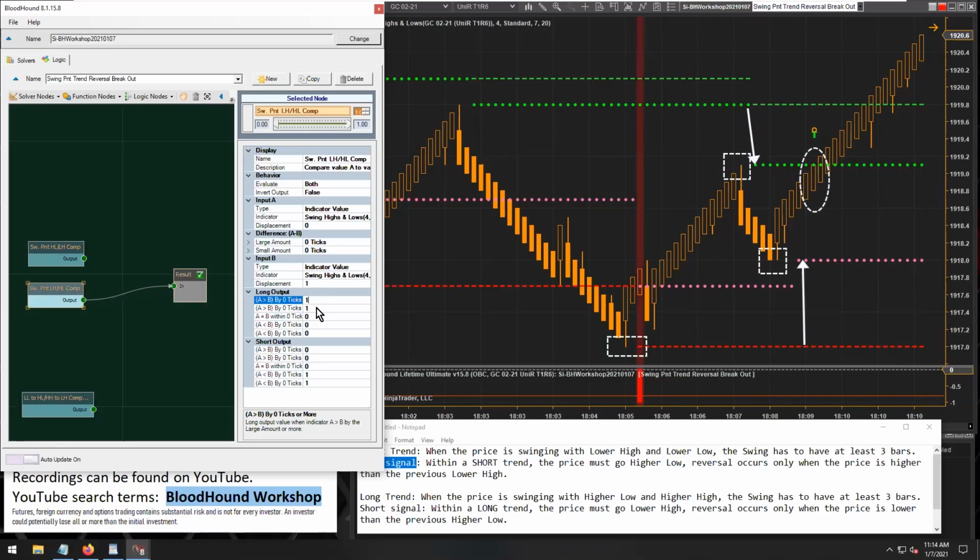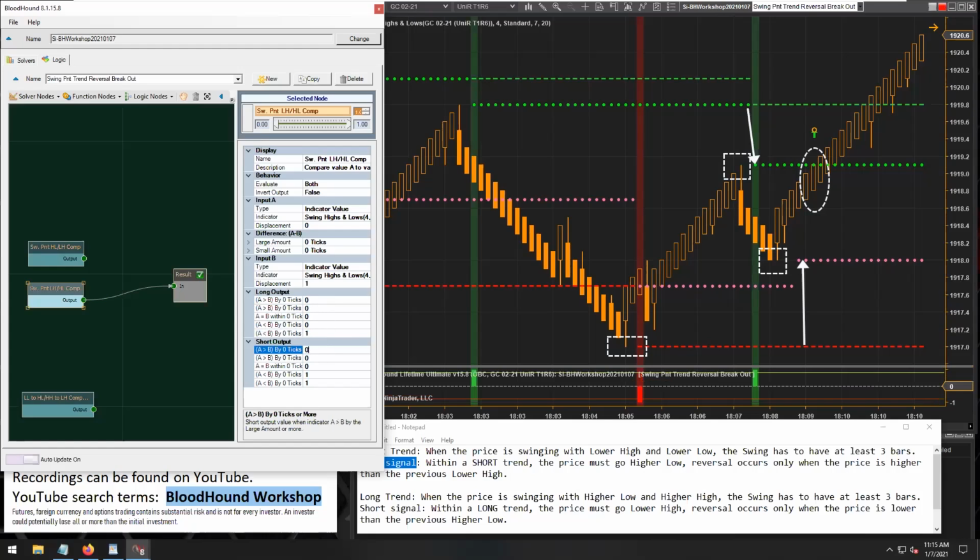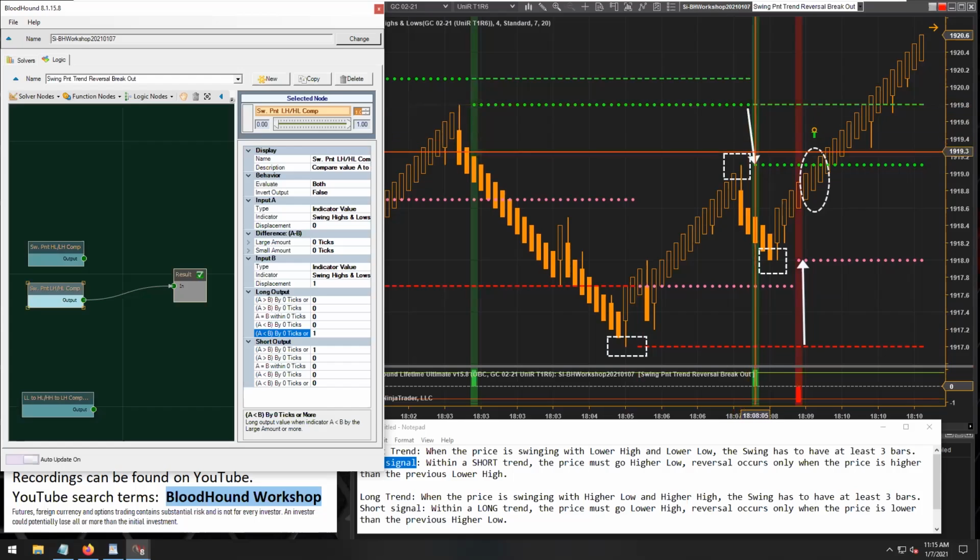And also, since we're looking for the widest tops to move down for a long signal, our long output needs to be reversed. So we're going to reverse our long output like so, and reverse the short output like so. There we go. Now that we have the long outputs reversed, we can see that when we get a lower high, we get that long output.